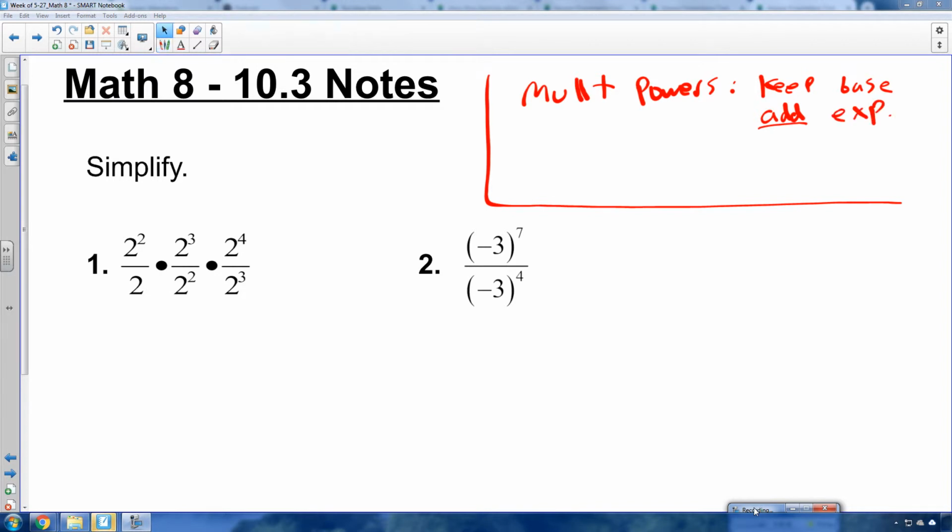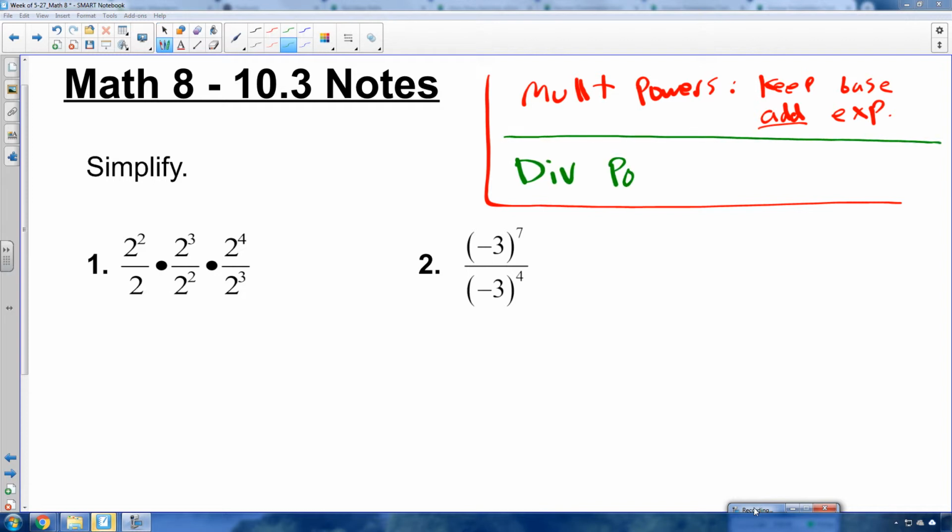Well, what's kind of cool is that we know that the opposite of multiplication is division. So if we're dividing powers, we're going to keep the base still. But what would be the opposite here? Subtract the exponents. We're doing the opposite of multiplication, so we're going to do the opposite of addition.